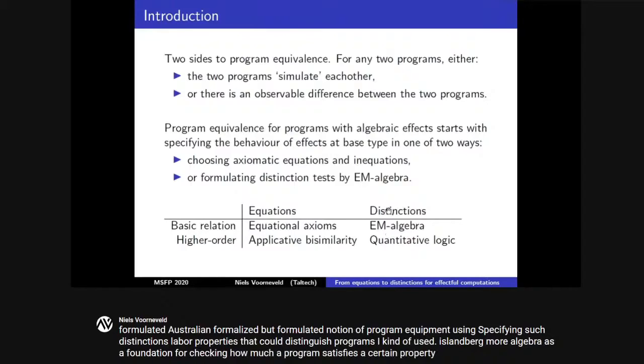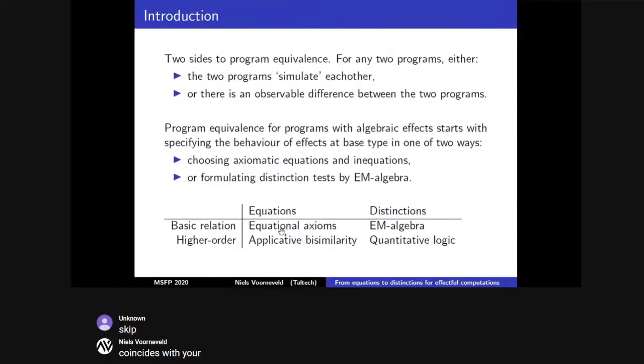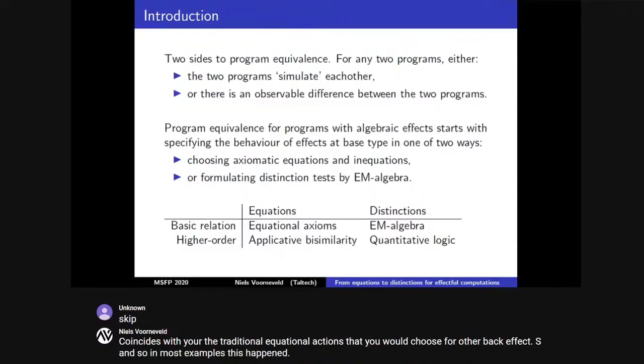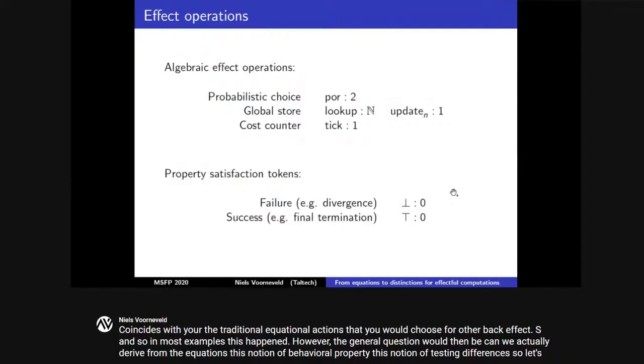In order for these two program equivalences to line up, we must make sure that this notion of property checking coincides with the traditional equational axioms that you would choose for algebraic effects. In most examples this happened. However, the general question would then be, can we actually derive from the equations this notion of behavioral property, this notion of testing differences?